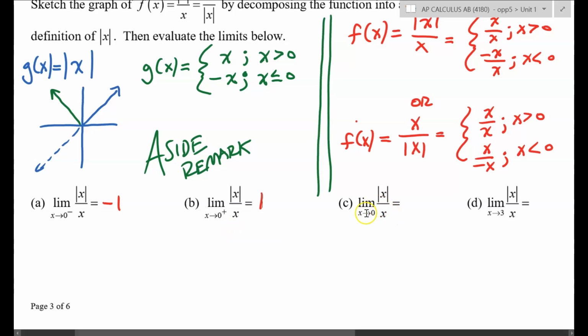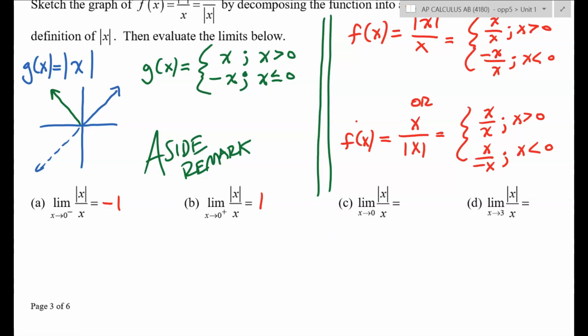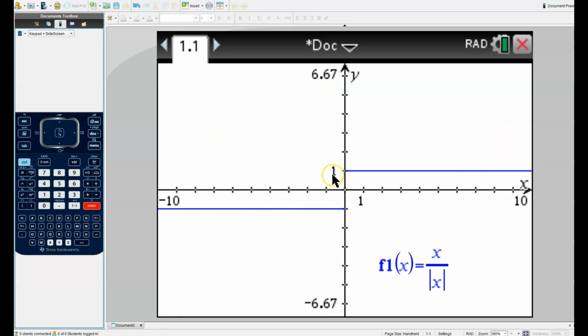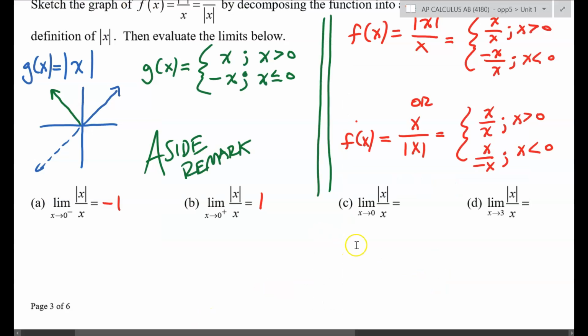What if I actually hit 0? Does the road in and road out match? No, and we saw that visually, right? At 0, road in, road out. What kind of circles would be on the ends of both of these? Both of them empty, right? Good. All right, so this does not exist.